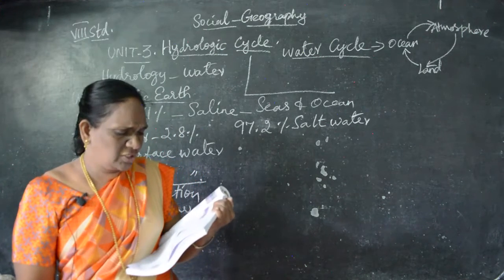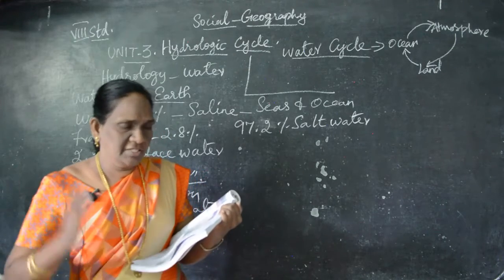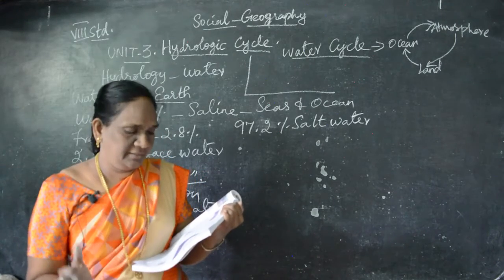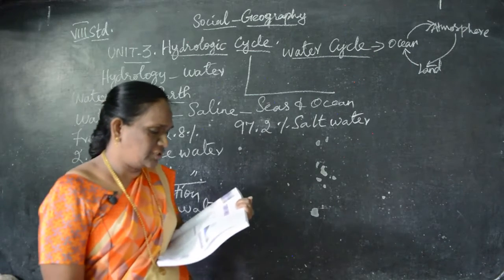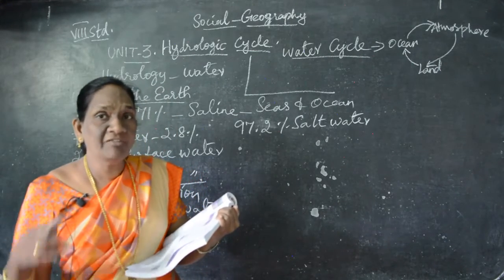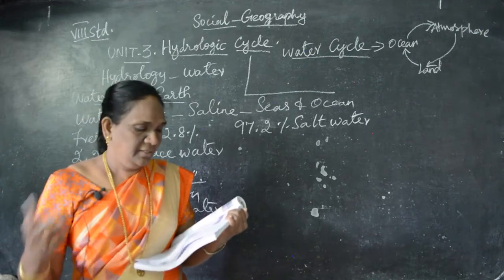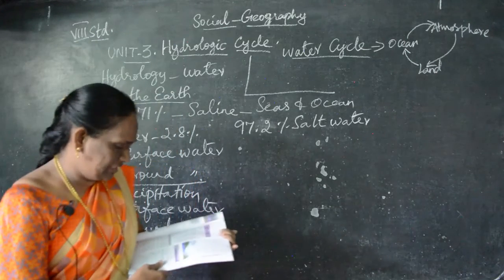Okay. So this is called the hydrological cycle. And it is a continuous process. It keeps going on. Understand? And the hydrologic cycle has evaporation, transpiration, then precipitation and runoff. One by one we'll see now.